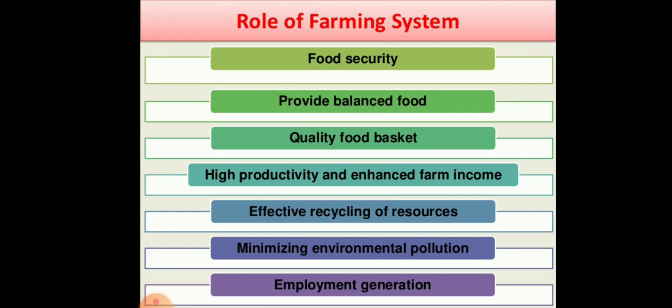Okay, so the role of farming system. First is food security. Like at this time of pandemic, people are now raising their own animals and growing their own crops in their backyard because they have realized the importance of food security, most especially household food security. Either it is only for home consumption, yung matitira, yun yung ibibenta.